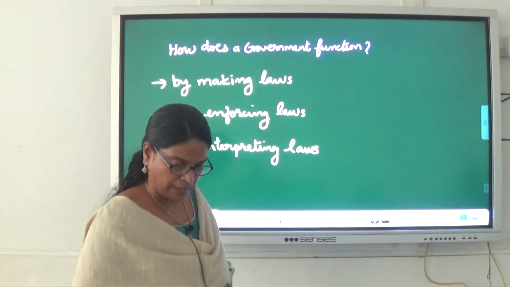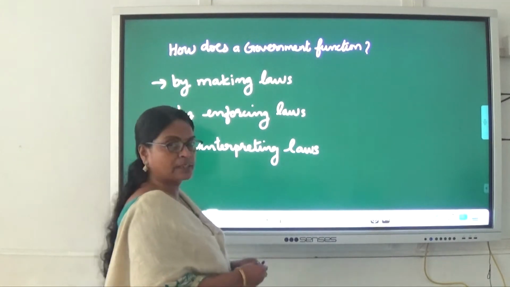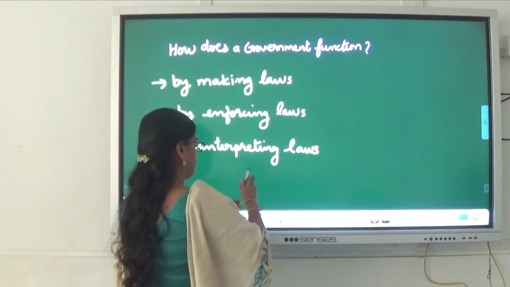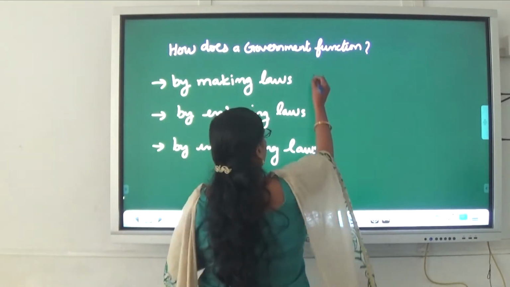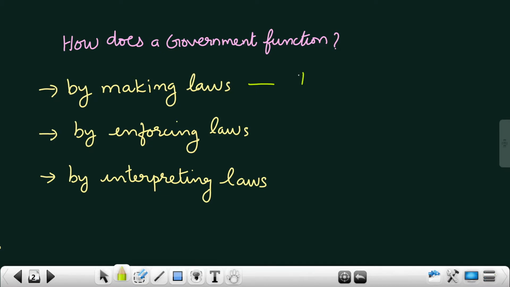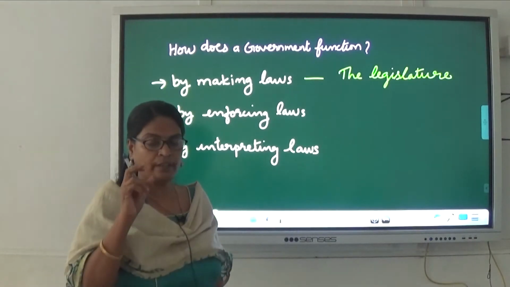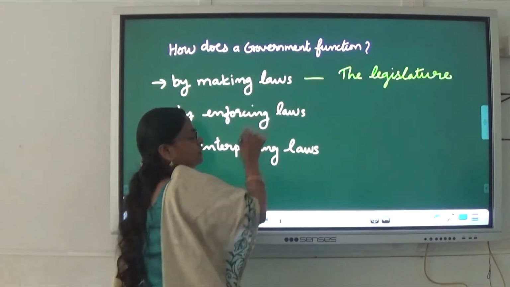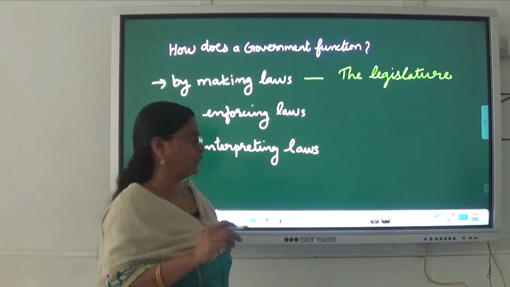There are three organs of the government for doing these functions. For making laws, the government has the legislature. The legislature makes laws for the country.